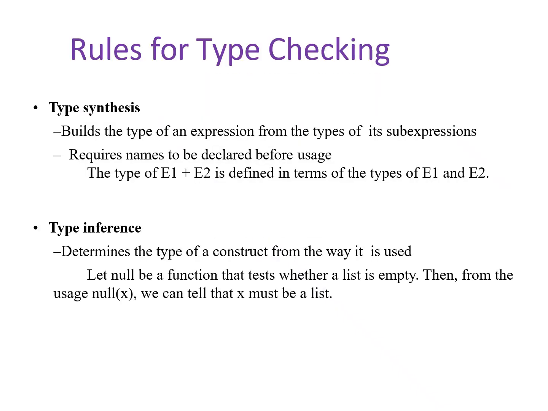Next, the main rules of type checking are type synthesis and type inference. Synthesis means that if you are using two different expressions, then the sub-expressions formed from the basic expression should follow the rules involved in the basic expressions.